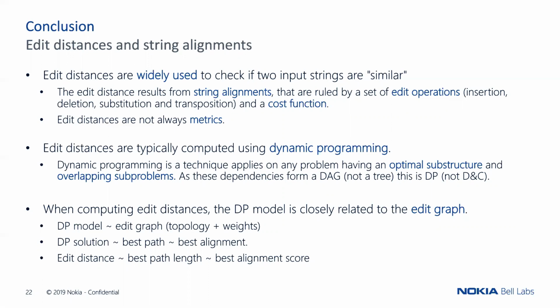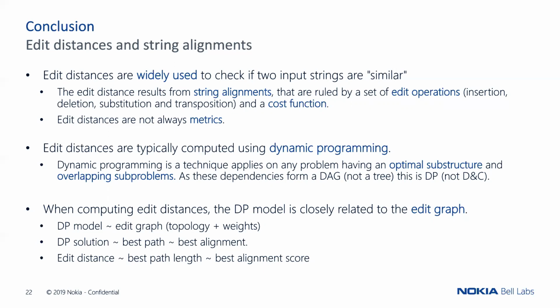Many edit distances are computed using dynamic programming, and dynamic programming is just a recursive way to compute something using an optimal substructure with overlapping subproblems. This is what I represented with the DAG. If you remember the Fibonacci diagram, this is precisely this.